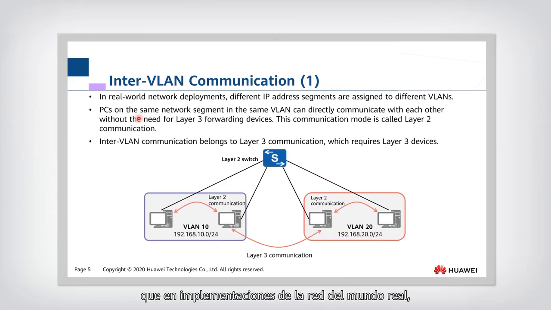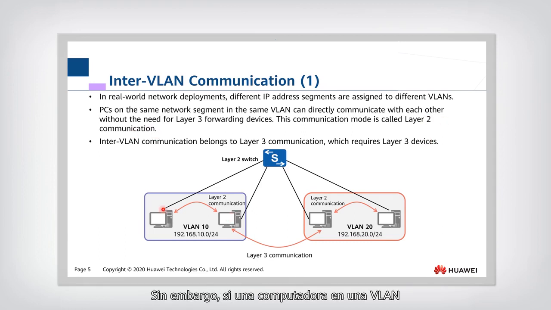You can see that in real-world network deployment, different IP address segments are assigned to different VLANs. If multiple PCs in one VLAN communicate directly with each other through layer 2 devices, for example, a layer 2 switch, we call this layer 2 communication.